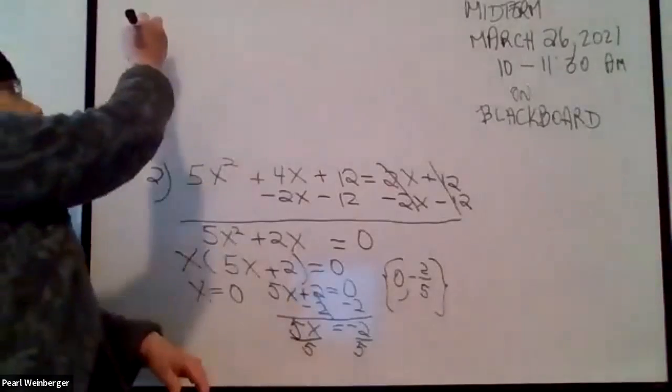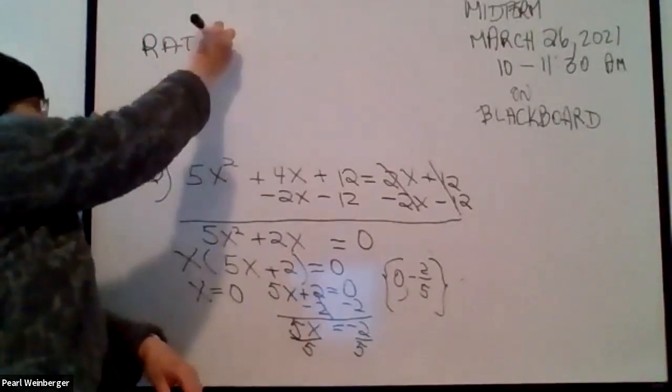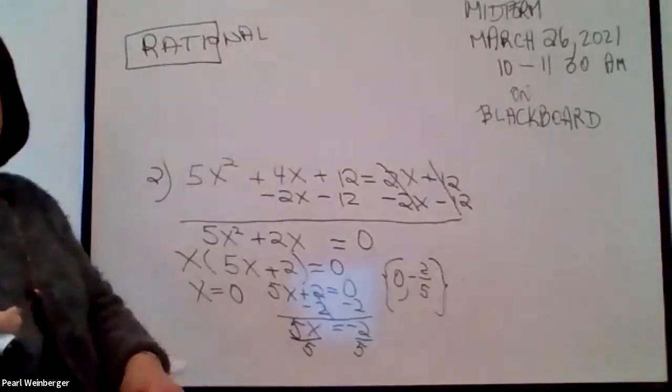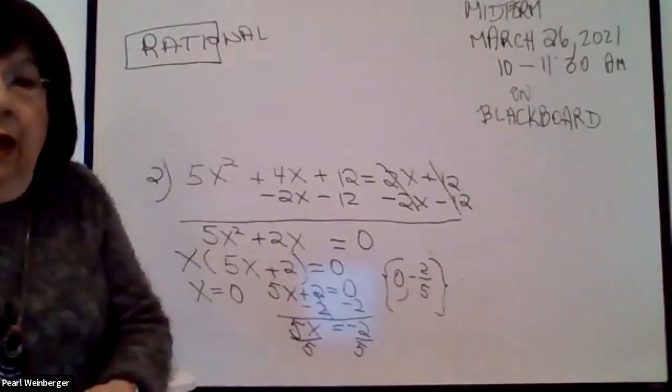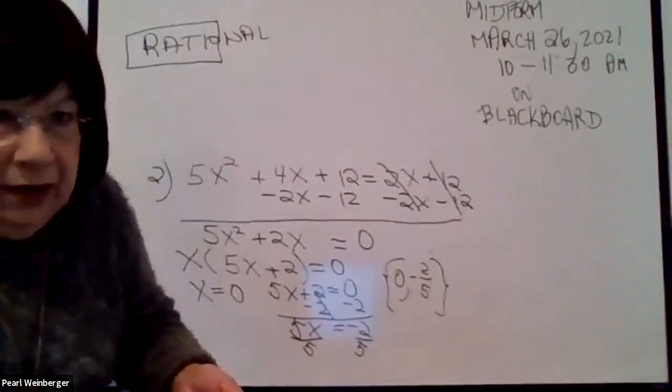And the word rational contains as a root word ratio. And another word for ratio is fractions.